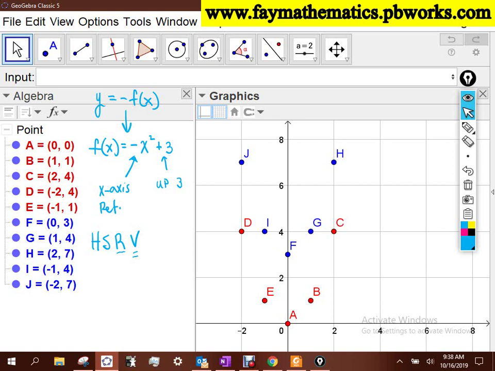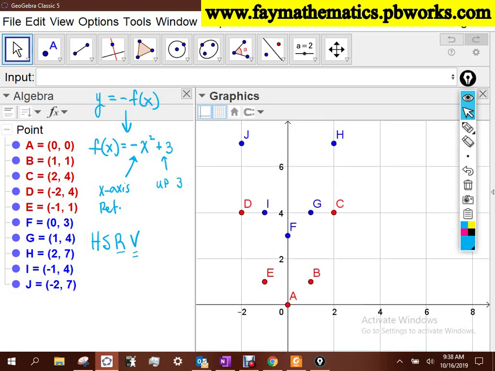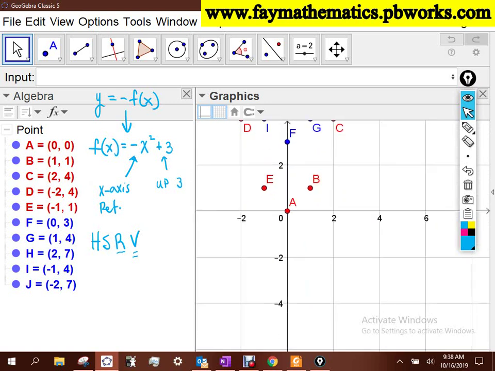Well, now, if I do the reflection, it's an x-axis reflection. So doesn't that mean I'm taking those blue ones and I'm going to take the y values and negate them to get it to flip over the x-axis? So let's do that. I'll take the blue ones and just negate the y values.